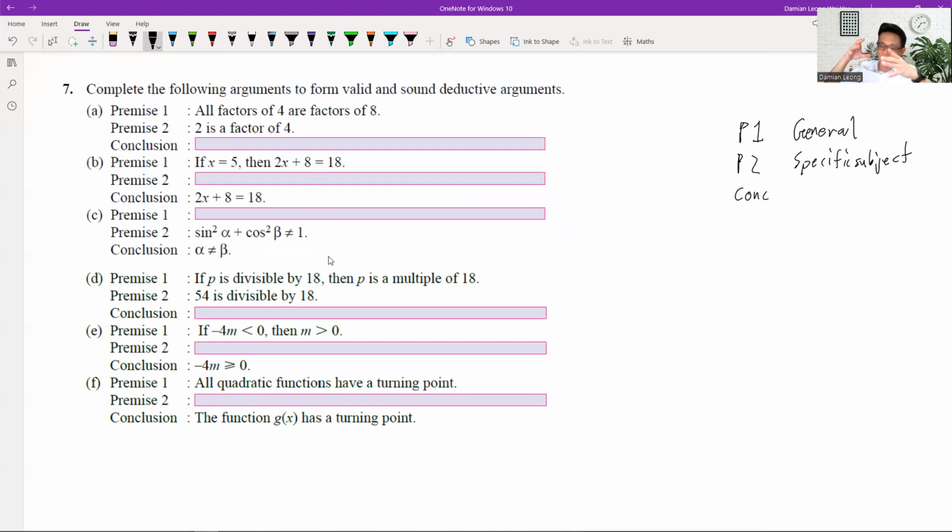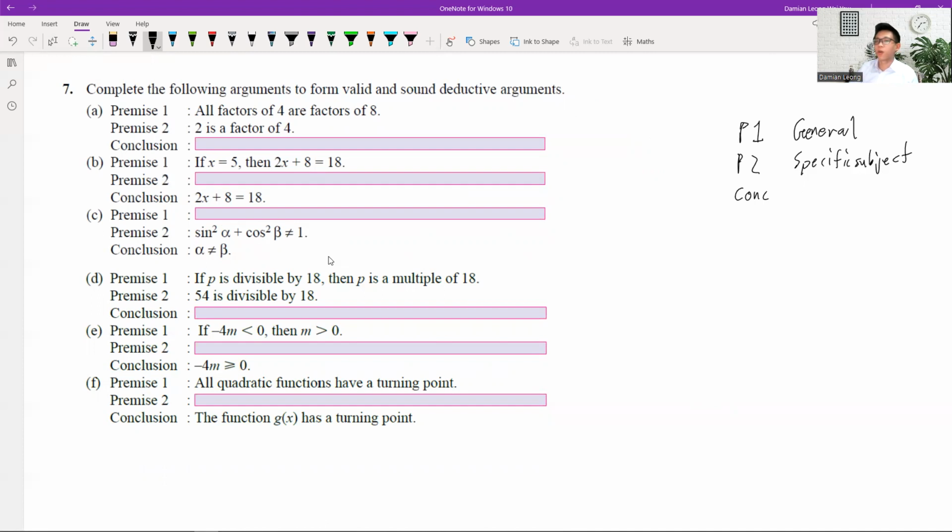So it shrinks down: this specific one is a dog. Then my conclusion will be my pet has 4 legs. That's how premise 1, premise 2, conclusion works.